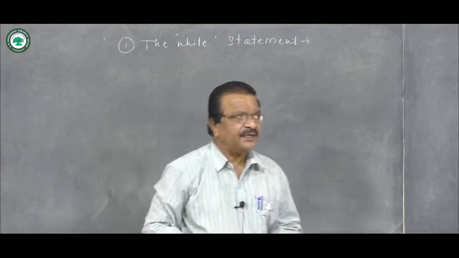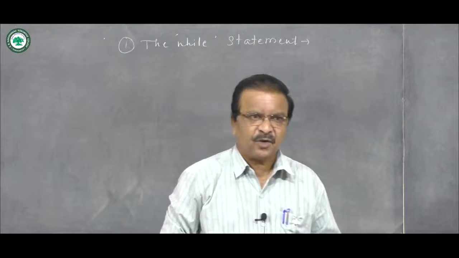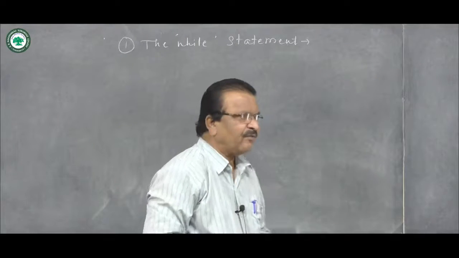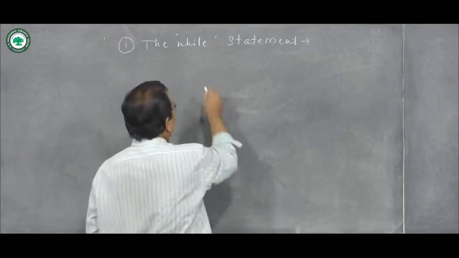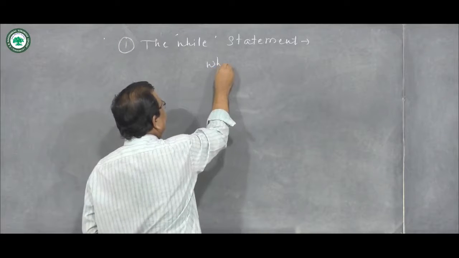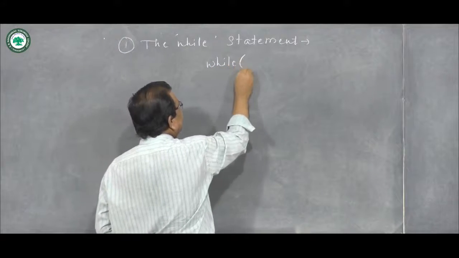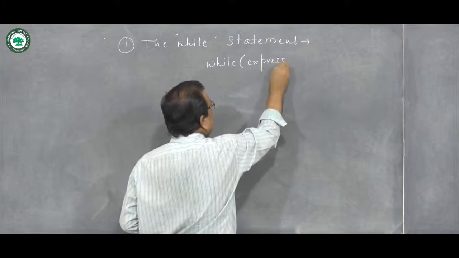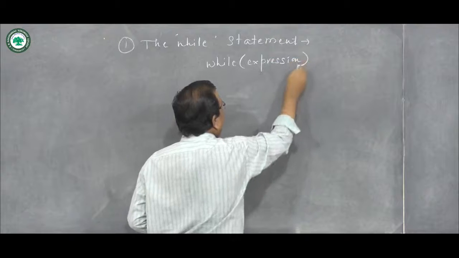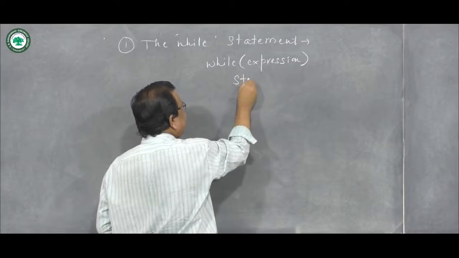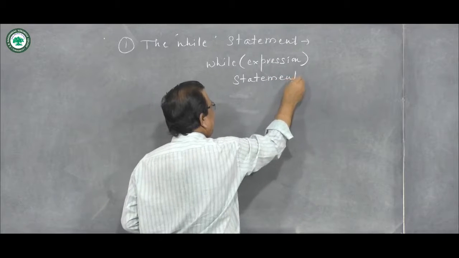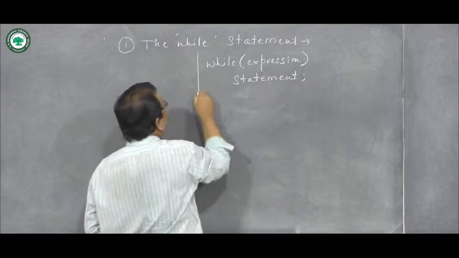This is the simplest looping construct or structure in C. The general form of the while statement is: while, everything in lowercase, in parentheses an expression, and then followed by a statement.